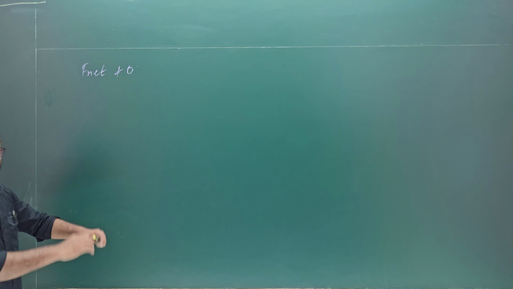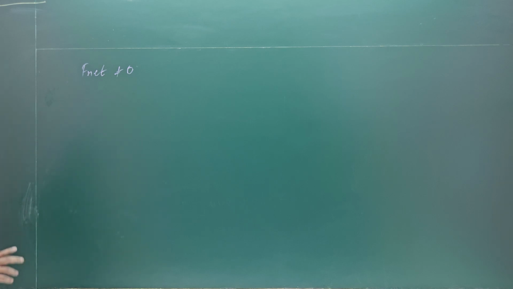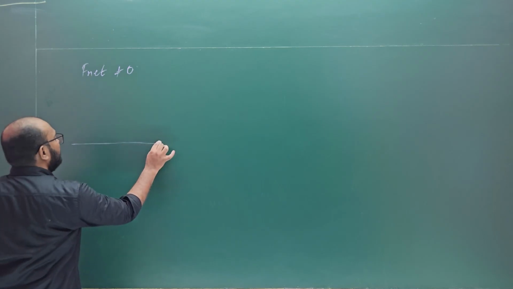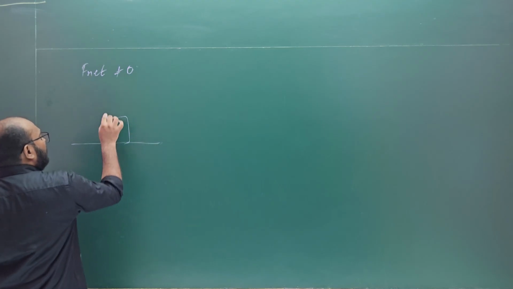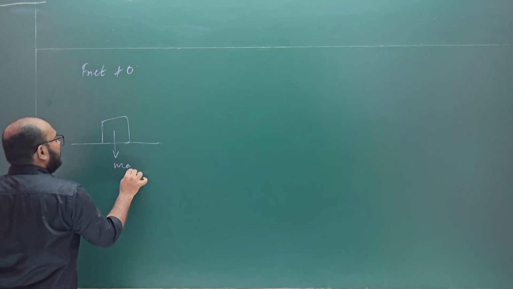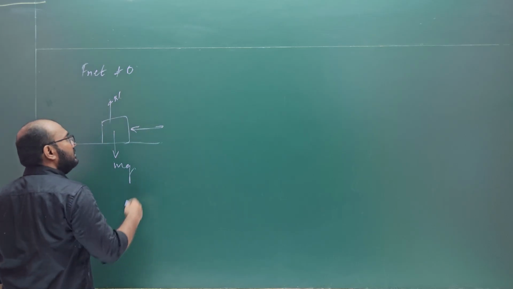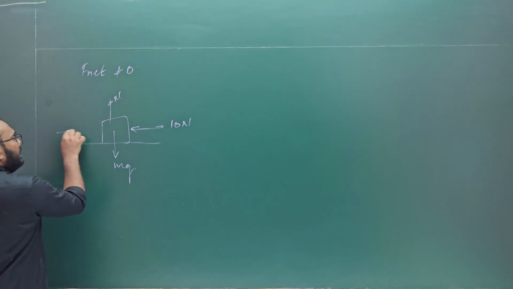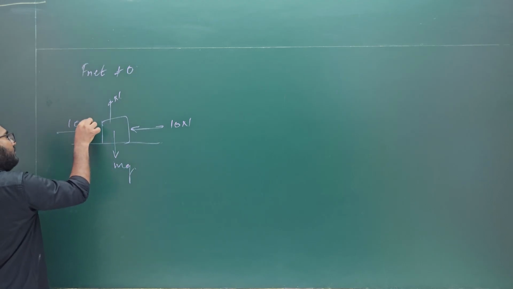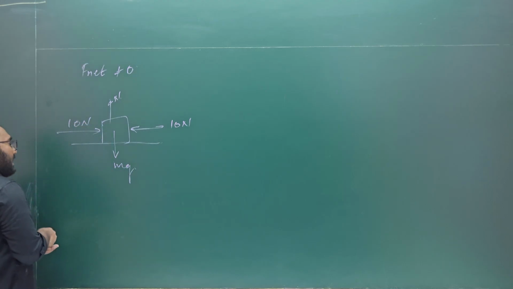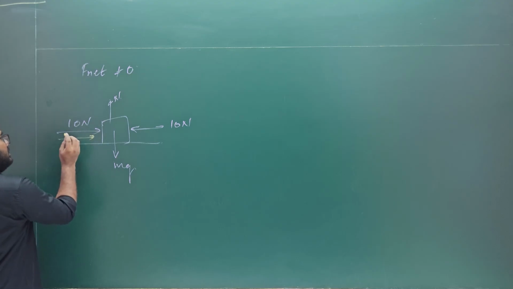If F net is not equal to 0, that means all forces are not being cancelled, only maybe one or two are left out. For example, consider over here, this one is mg and this one is your normal. Let's say I applied in this direction 10 Newton, and in the opposite direction I applied one more force of 10 Newton, and one more I added in this direction, let's say 10 more Newton. Is F net 0 now?